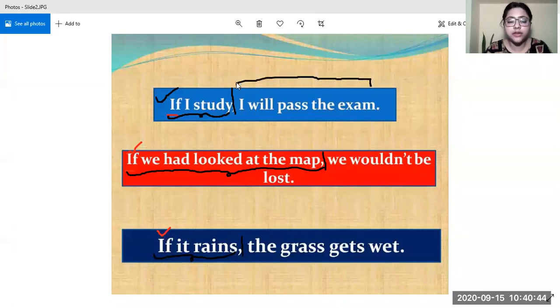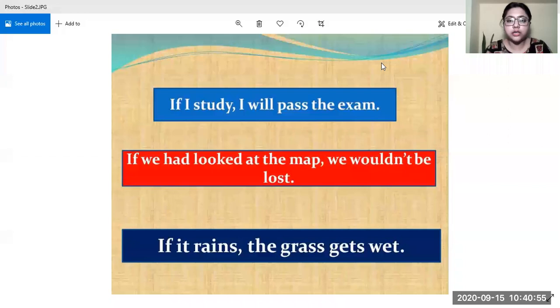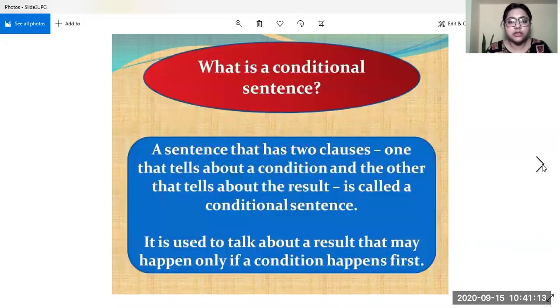The second part which follows is the result, or the consequence of the condition given in the first part of the sentence. Such sentences, which contain two parts, the first being the condition and the second being the result, outcome or consequence of the situation given, are known as conditional sentences.